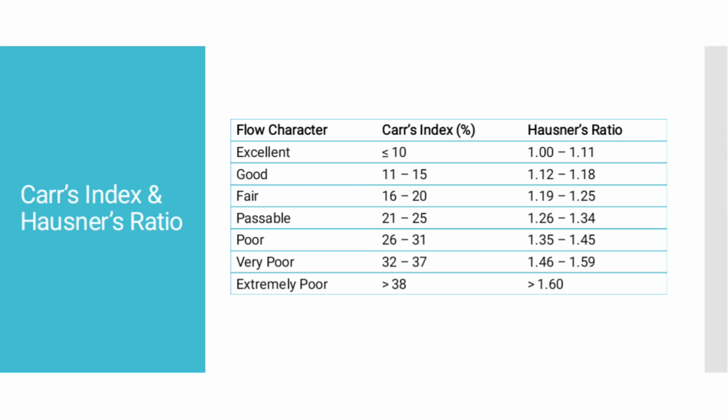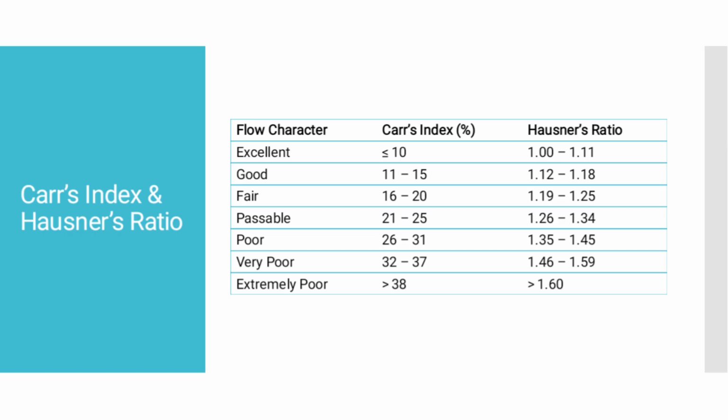So these parameters are used to evaluate powder flow properties. For excellent flow, the Carr's index has to be equal to or less than 10, whereas Hausner's ratio 1 to 1.11. Whereas for good flow, Carr's index 11 to 15, Hausner's ratio 1.12 to 1.18.